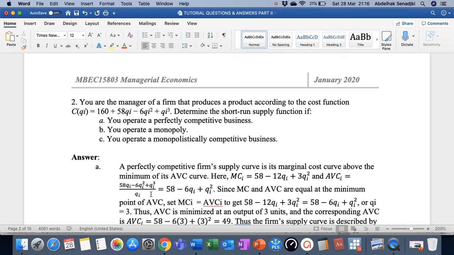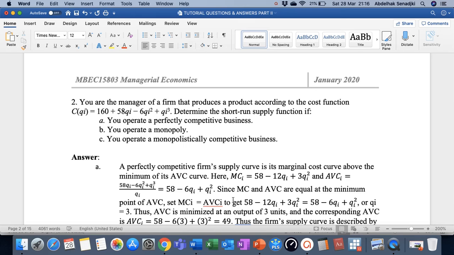And we say that in a perfectly competitive market, the supply equals the marginal cost above the minimum of the AVC curve, where they are exactly equal, where they intersect. Since MC and AVC are equal at the minimum point of AVC, we set marginal cost equal to the average variable cost.